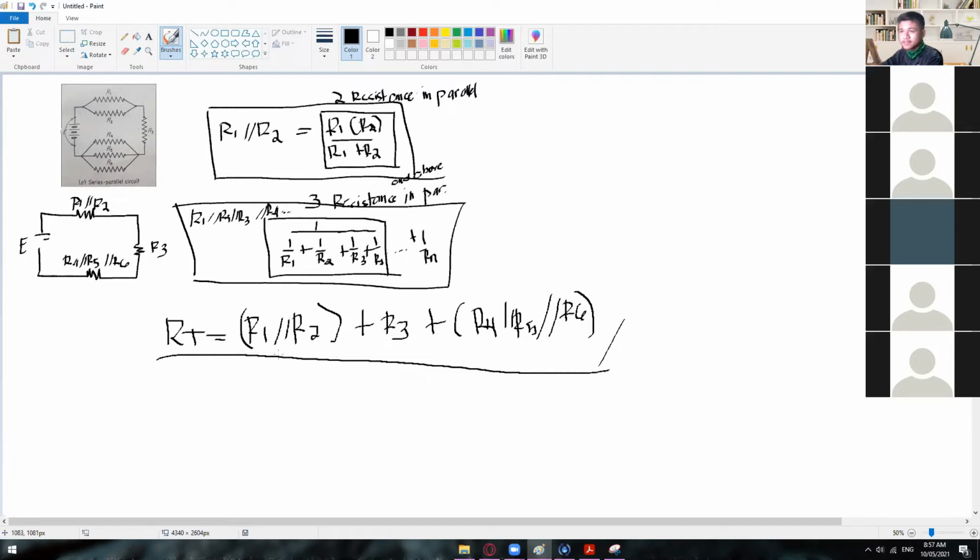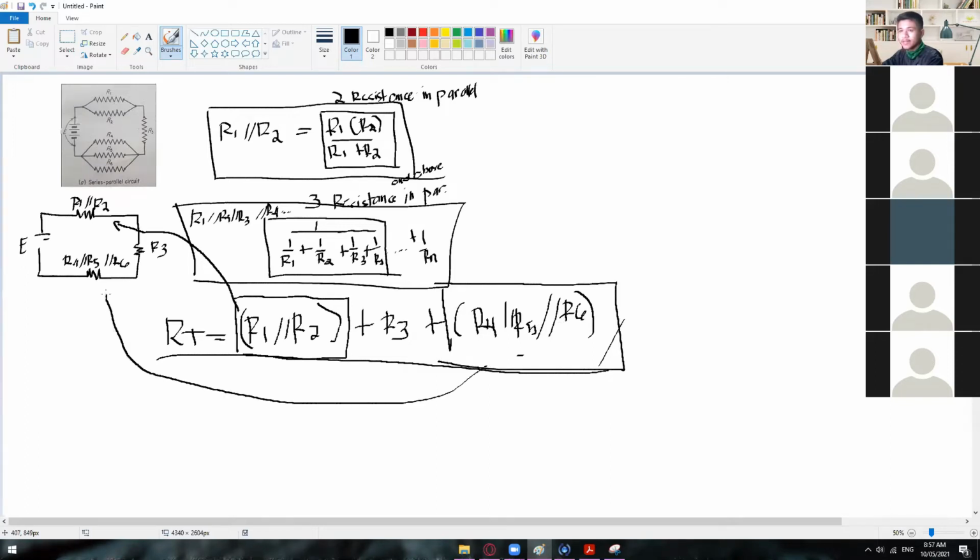Right? So, this one is considered as 1 unit. So, pwede nyo na itong isolve as it is. And then, ilagay nyo lang mismo yung value dito. So, R3 as it is. And then, for R4, R5, and R6, solve nyo to as 1 unit. Okay? And then, substitute it in here.